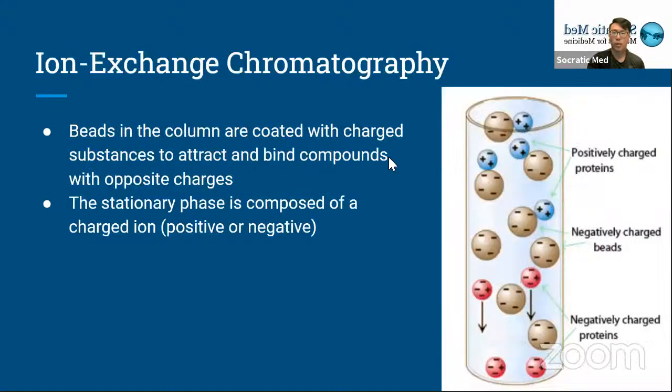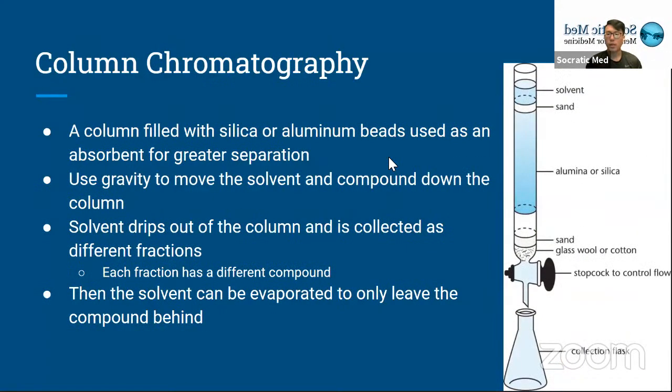When you pour the solvent down the top of the column, the alumina and the silica will slowly separate the solvent into its different compounds.